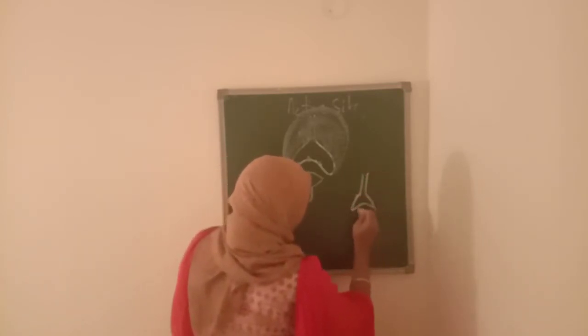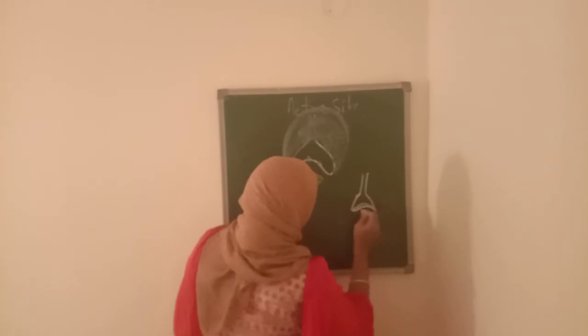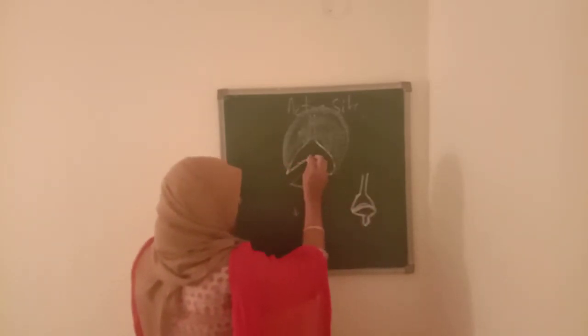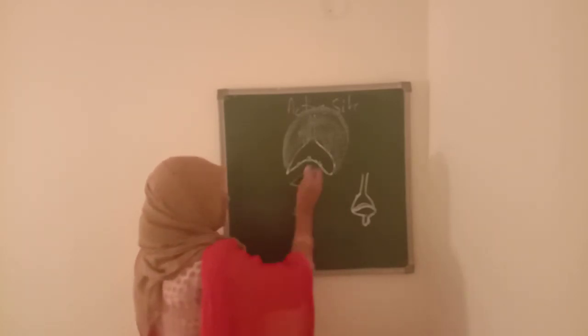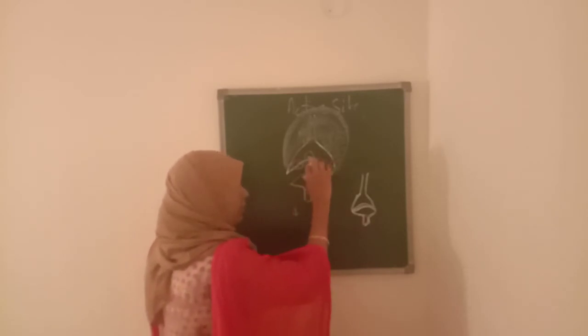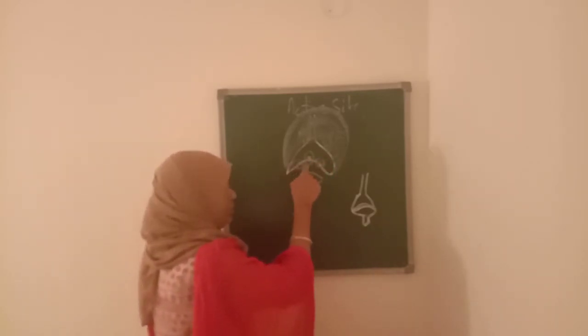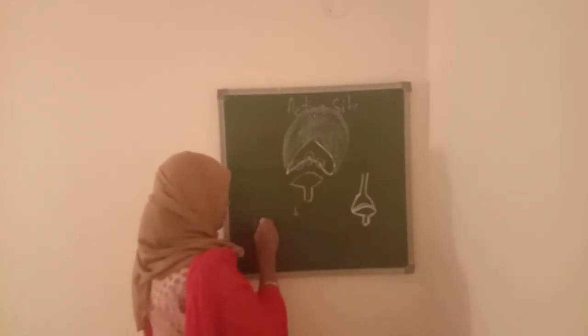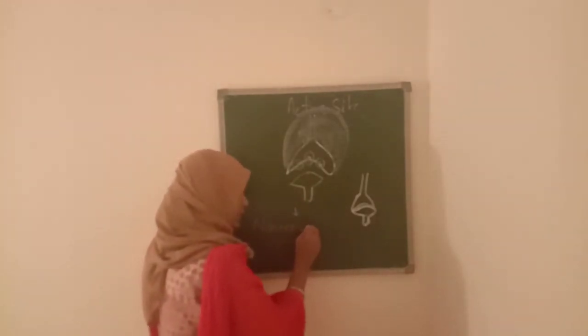So what happens here, the substrate will come and bind to the enzyme. And these are the regions which carry the functional groups that help in the binding of the substrate to the enzyme. So how will it bind? It will bind through non-covalent interaction.